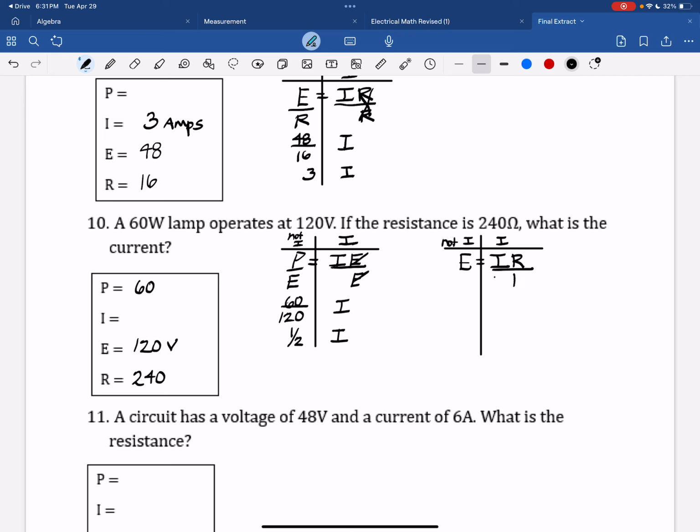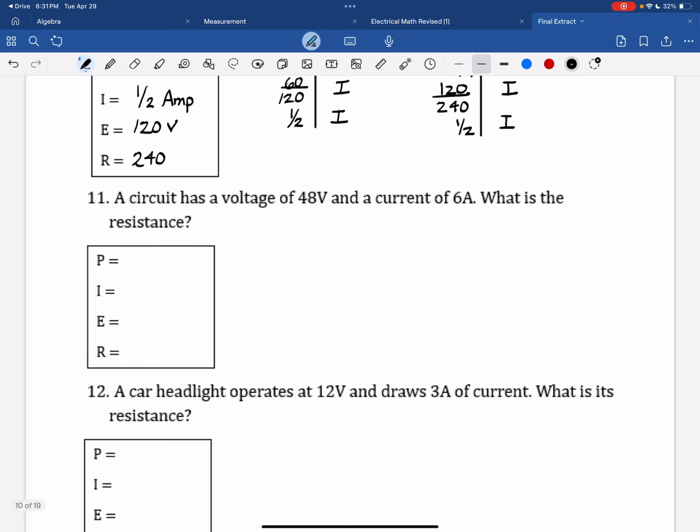So we're going to take the R, and we would get I equals 120 over 240, or 1/2. So either way you do it, I is 1/2 of an amp, or you could use 0.5. That would be fine.